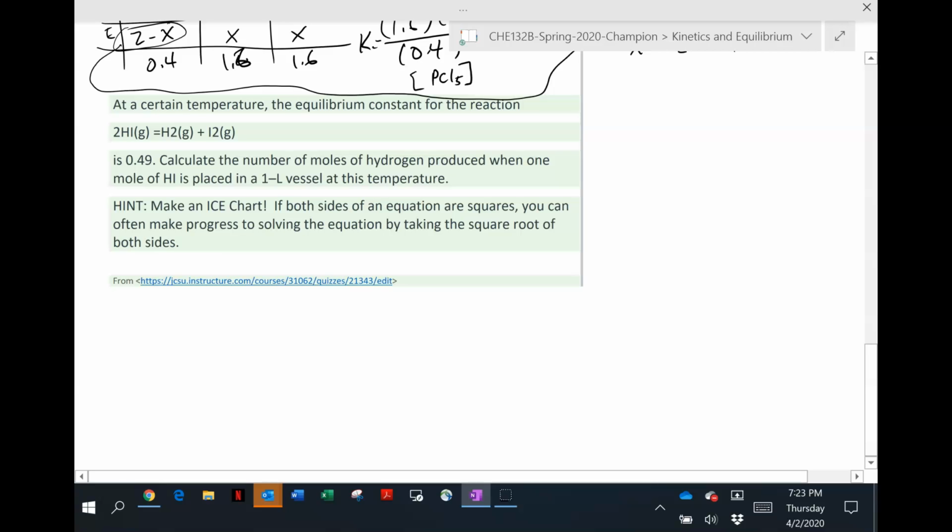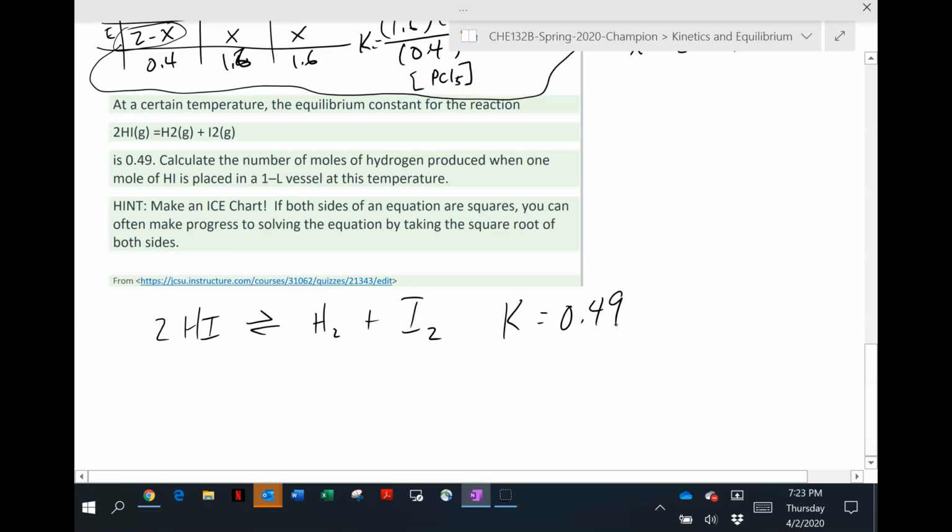The equilibrium constant for the reaction 2HI in equilibrium with H2 plus I2, and we're told that that equilibrium constant is 0.49. So 2HI in equilibrium with H2 plus I2, and K is 0.49.